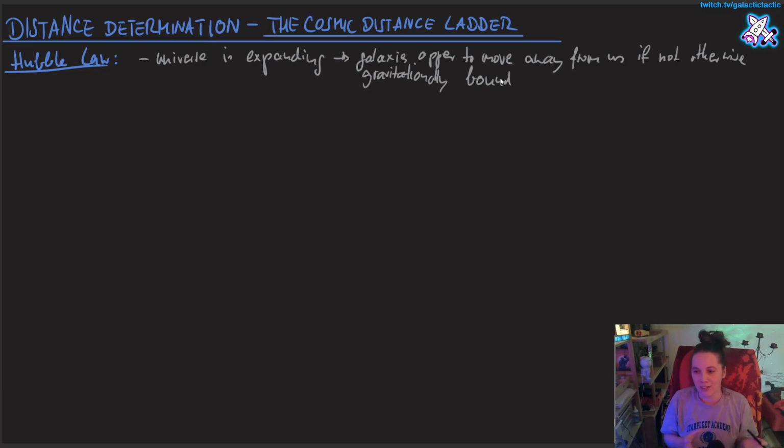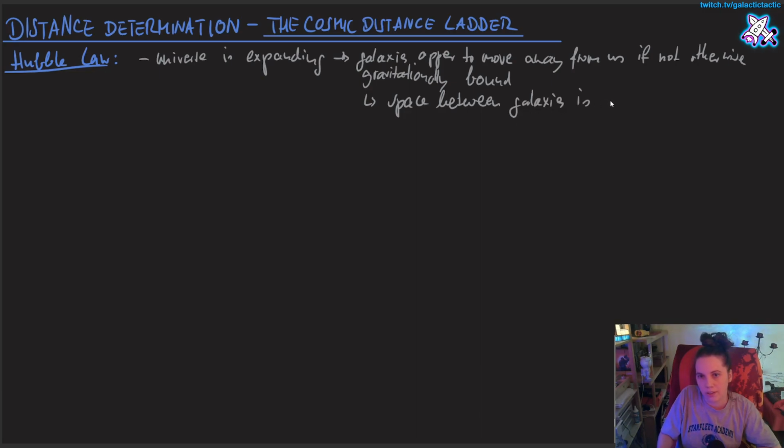Unless they're gravitationally bound, like a galaxy cluster, then the space between galaxy clusters is increasing, right? Not between the individual galaxies that belong to a cluster. Space between galaxies is increasing, just to make that clear.